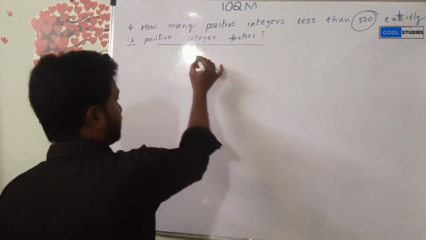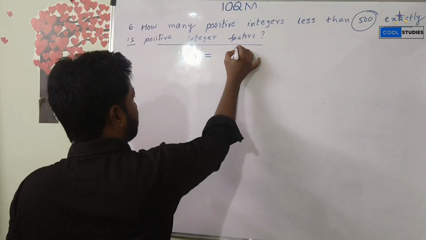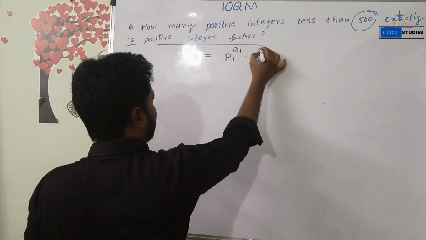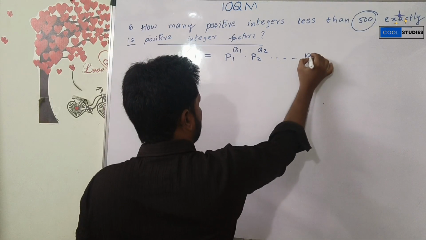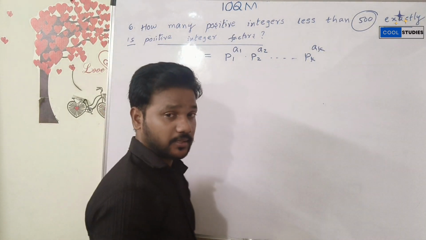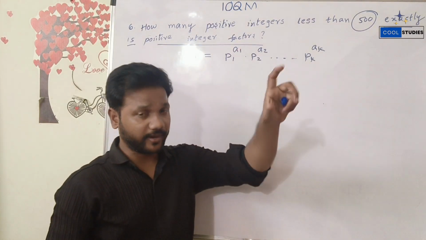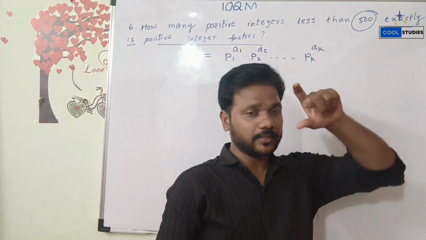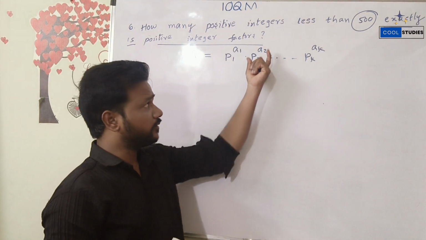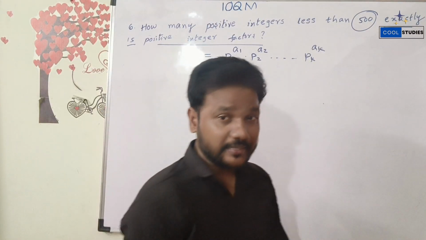So what can we write? n is equal to p1 power a1 into p2 power a2 and so on up to pk power ak. These are the prime factors of n.